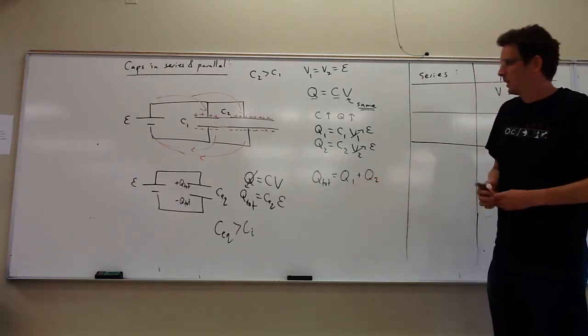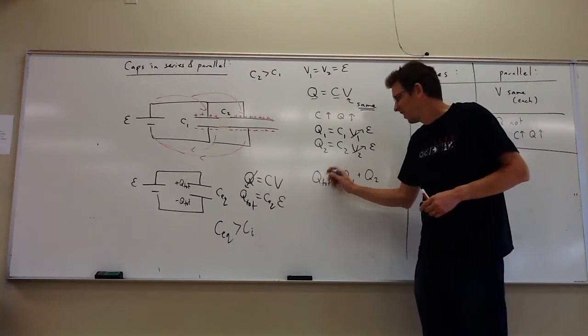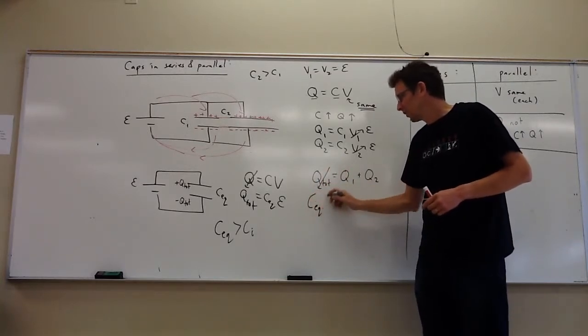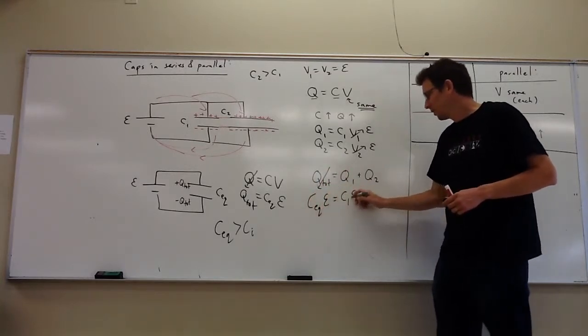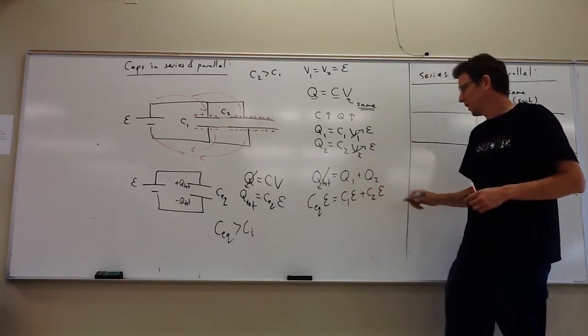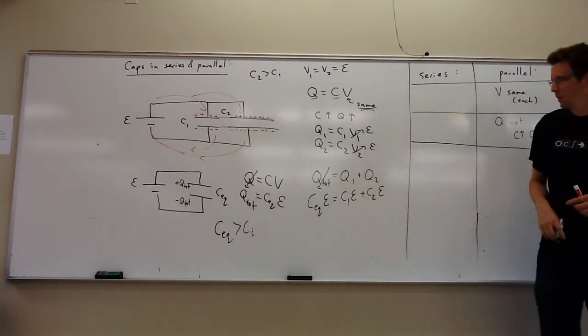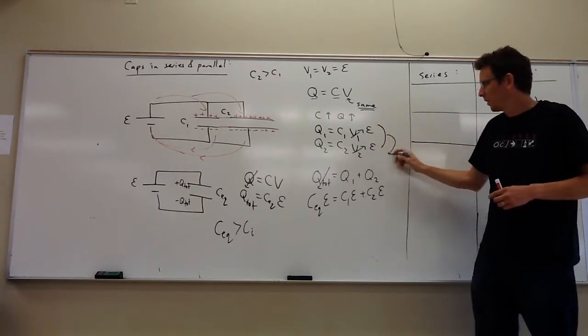And in fact, let's go ahead and plug in our equations here. This is C equivalent times the EMF. This is C1 times the EMF. This is C2 times the EMF. We plug in what we have from here and from here.